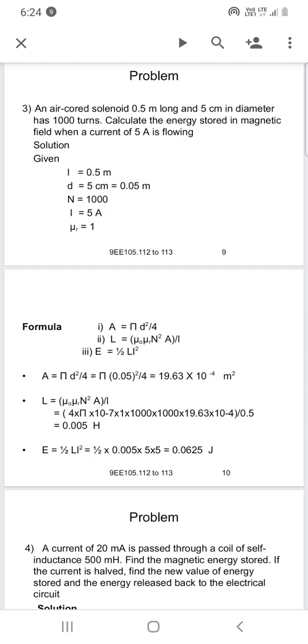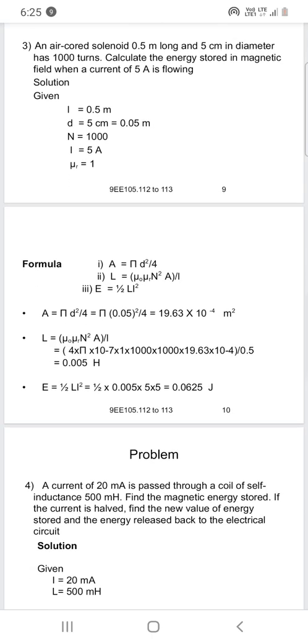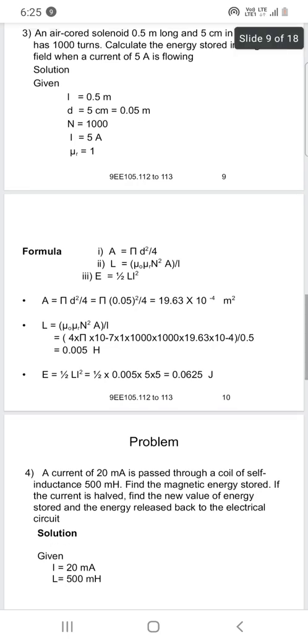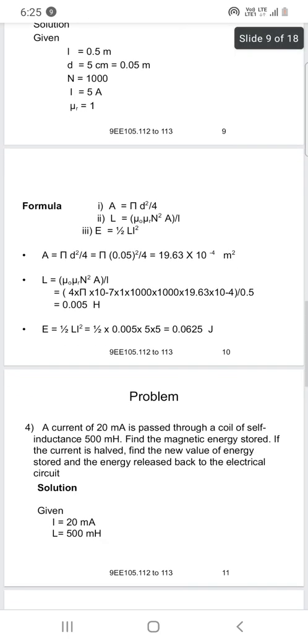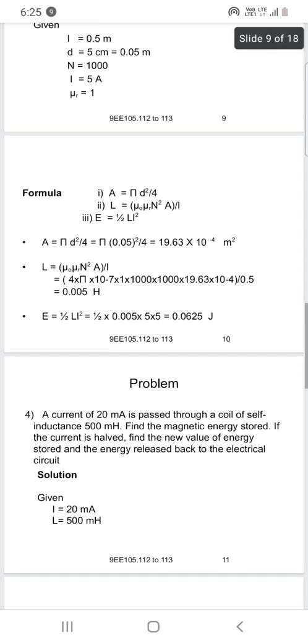That is, mu naught into mu r into n squared into A by L. Here we know the value of absolute permeability, mu naught, equal to 4 pi into 10 to the power of minus 7, and the relative permeability mu r is equal to 1. Why? Because here the solenoid conductor is placed in air.